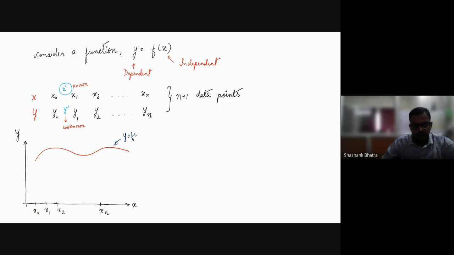Y is equal to f of x. This is your y equals f of x line.